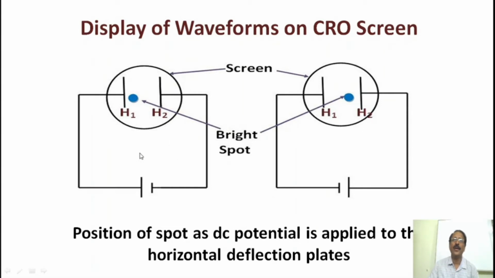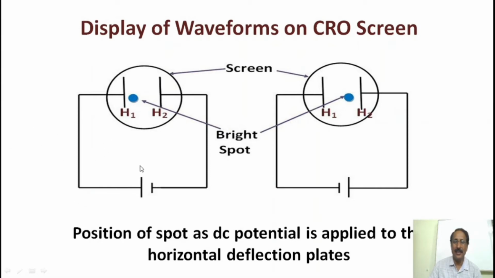If H1 is positive, spot moves to the left because the electron beam is attracted by the positive plate and repelled by negative plate. Similarly, by applying a DC voltage to the vertical deflection plates, spot can be moved up or down. If voltages are applied to both the sets of plates together, spot can be placed anywhere on the screen.